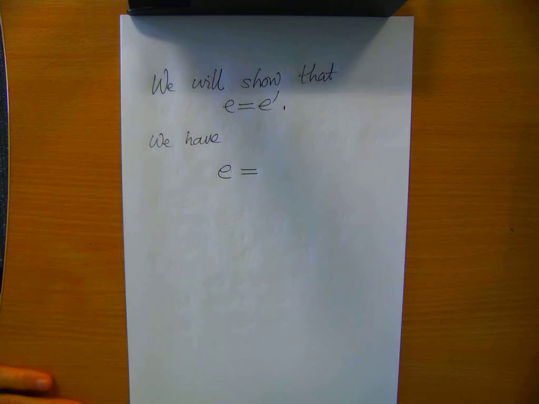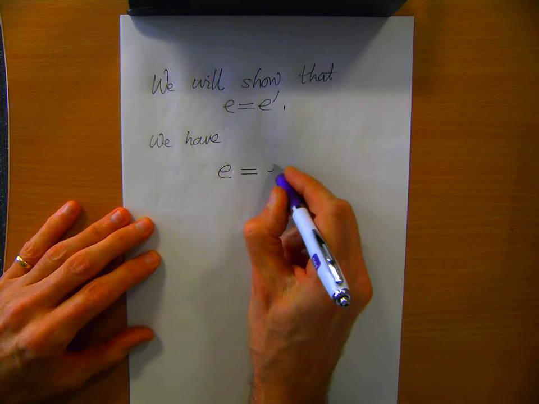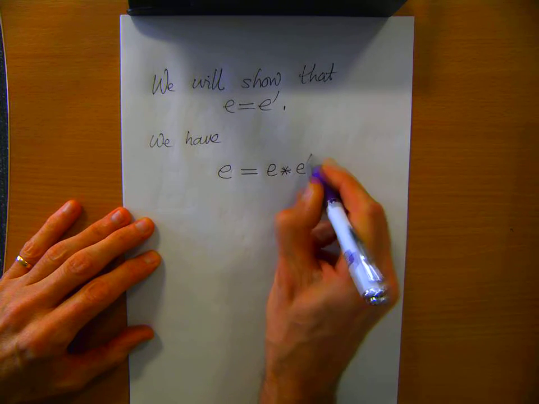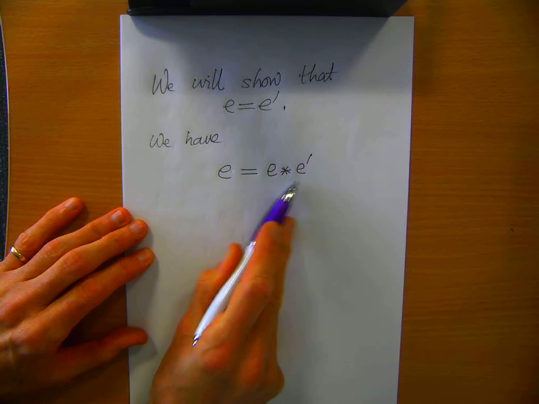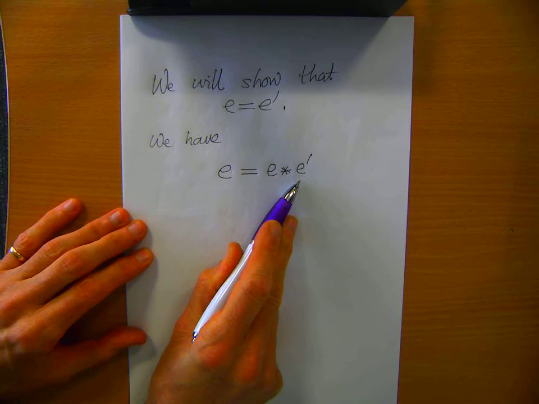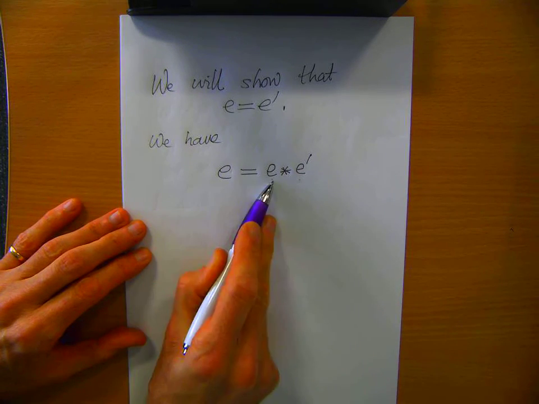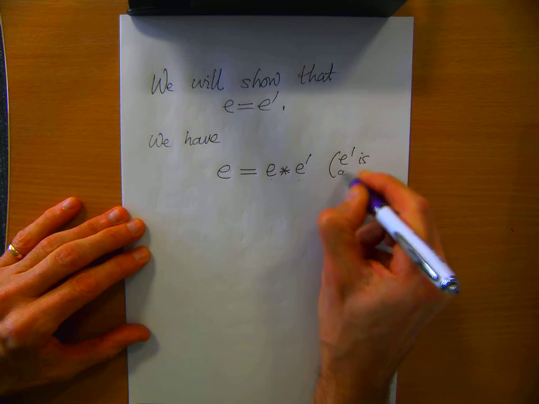So what can I do with E? Well, we haven't got a lot to play with, really, but I've got to get E prime into the picture. Well, I can write that E equals E star E prime because E prime is an identity element. So if I multiply E by E prime on the right, it doesn't change E. So that's because E prime is an identity element.